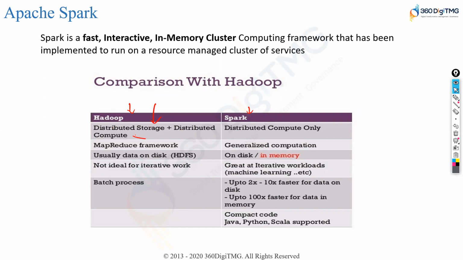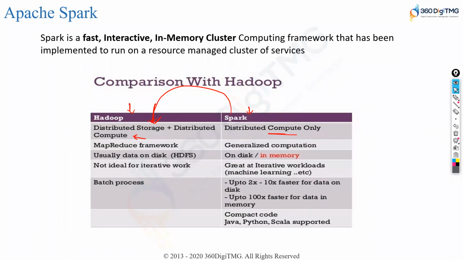The other one is with respect to processing or computing. Whereas in Spark, you'll not see a storage component. It is only compute. So if I have to work with Spark, I need data. So where is that data lying? You can say HDFS.